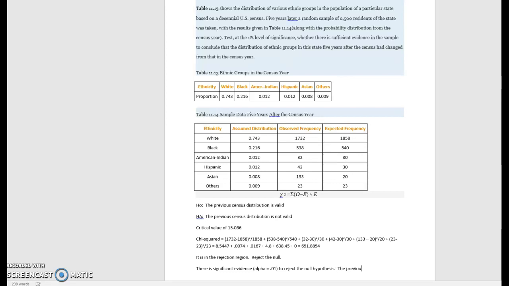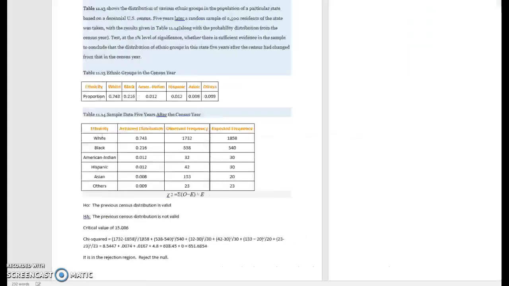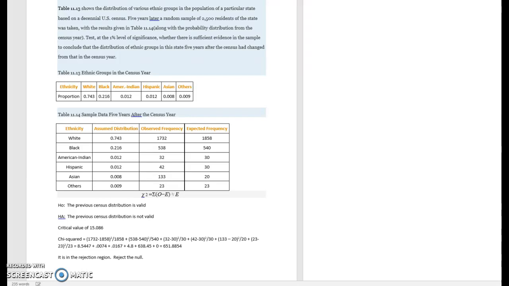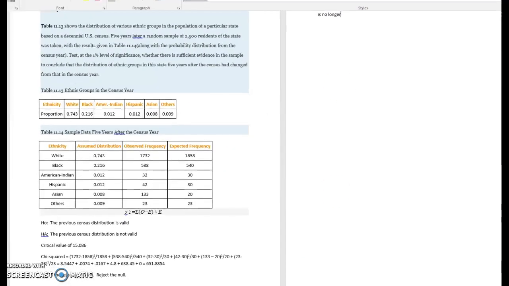The previous census distribution is no longer, oops, you can't see that. Move this a little bit. Is no longer valid.